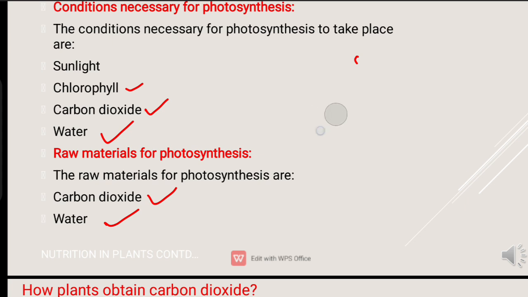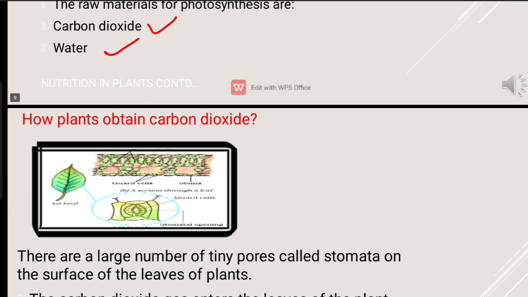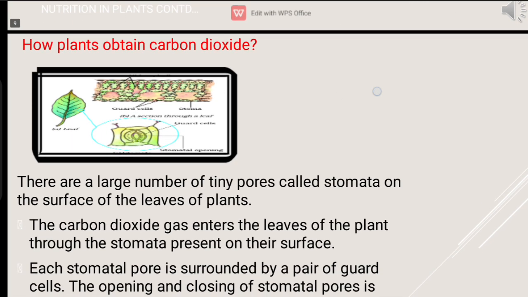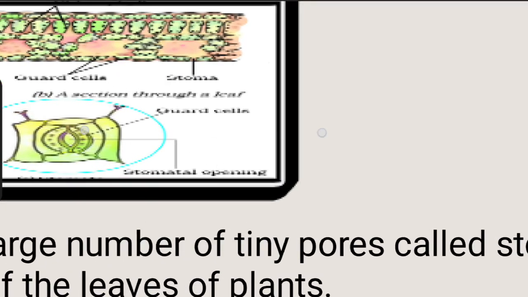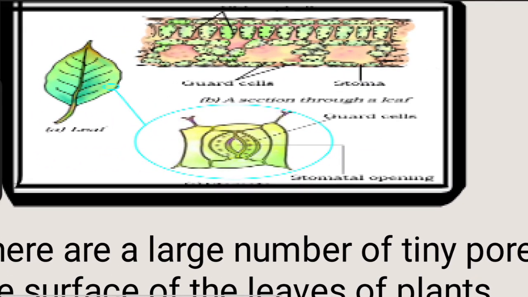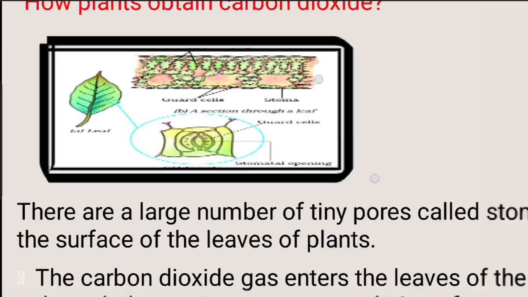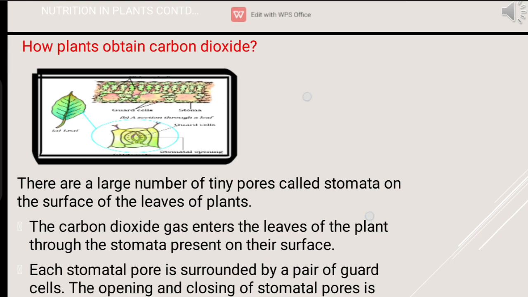Okay, now moving forward, how do plants obtain carbon dioxide? The plant obtains carbon dioxide by the large number of tiny pores that are known as stomata.